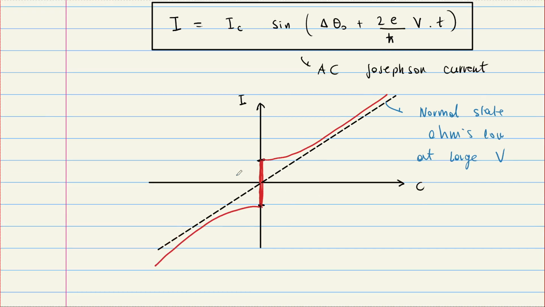They tune the voltage difference and they start with a current even at zero. This is V. And as they increase it, they go from DC to AC Josephson effect. Good. Any questions?